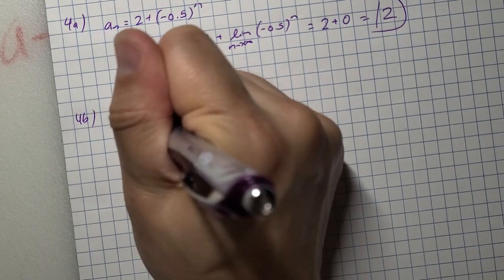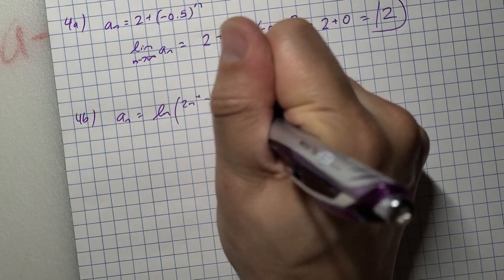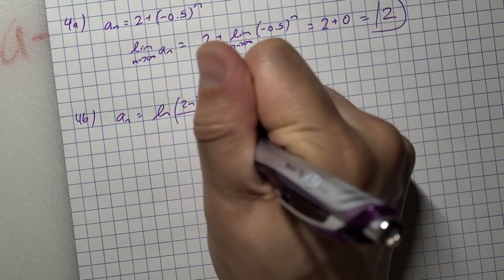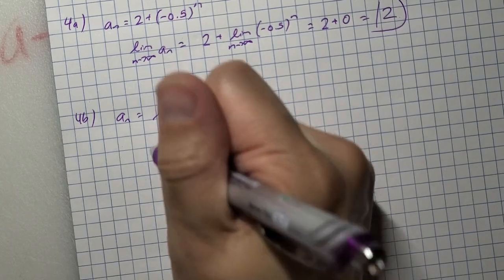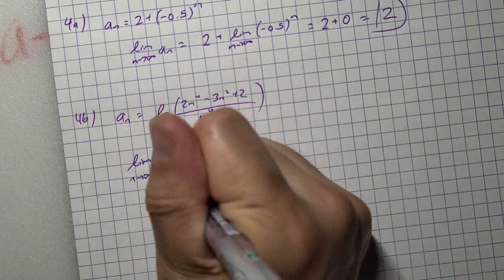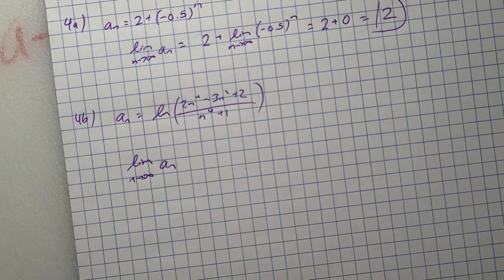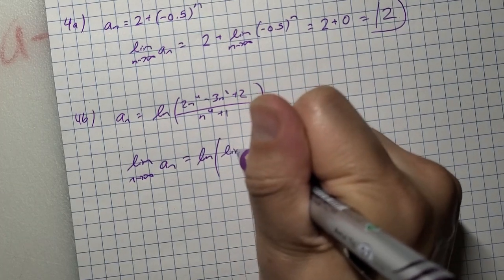Next, a sub n is natural log of (2n to the 4th minus 3n squared plus 2) over (n to the 4th plus 1). Okay? We want to find the limit as n goes to infinity of a sub n. We can say it's natural log of the limit, because by properties of limits, we can do this.